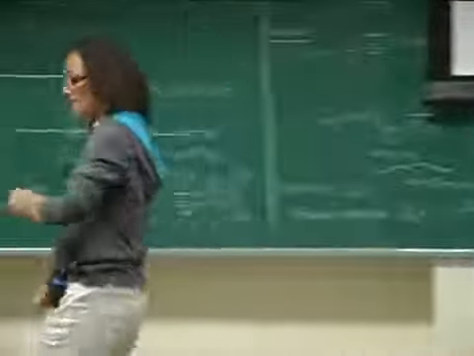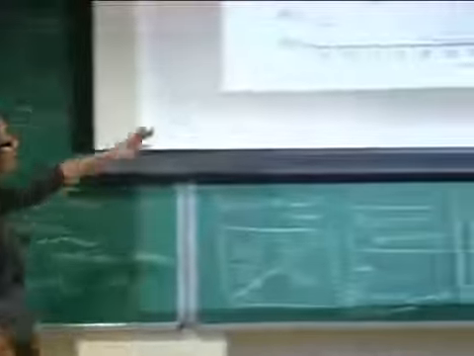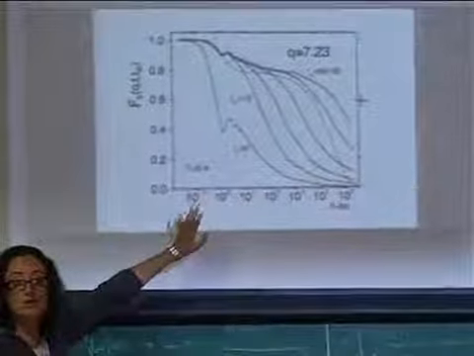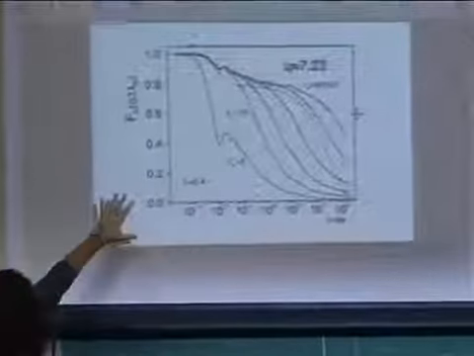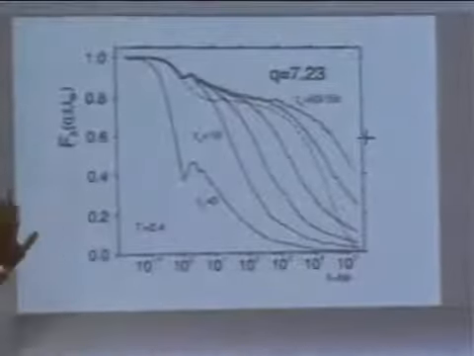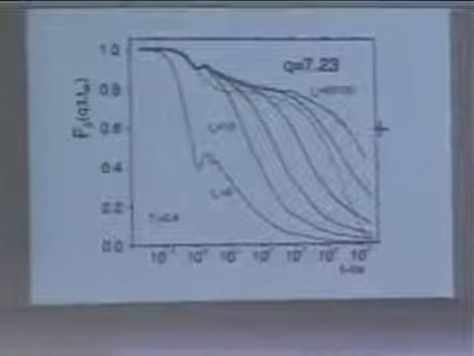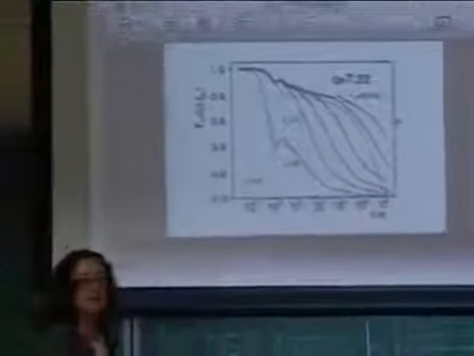Okay, so let me recall something that certainly Jorge showed yesterday, or last week, this kind of curves. These are correlation functions in a Lennard-Jones mixture. These are interacting particles in a box, and the relevant correlation function you can compute is basically the density-density correlation function.